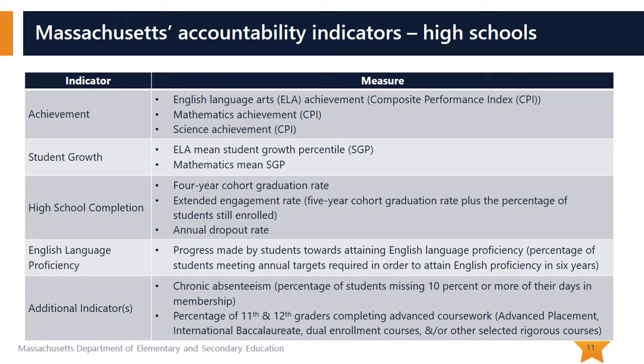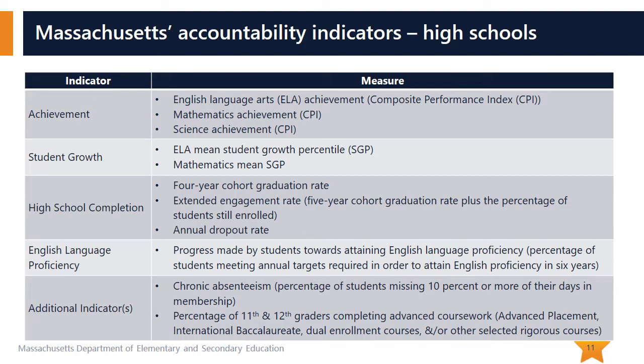The extended engagement rate is a new measure, which is the total of the 5-year cohort graduation rate plus the percentage of students from the cohort that remain enrolled in the school after 5 years. This measure replaces the use of the 5-year cohort graduation rate that was used in previous accountability systems, and it incentivizes schools to re-engage or continue to educate students who may need longer than 4 or 5 years to graduate.